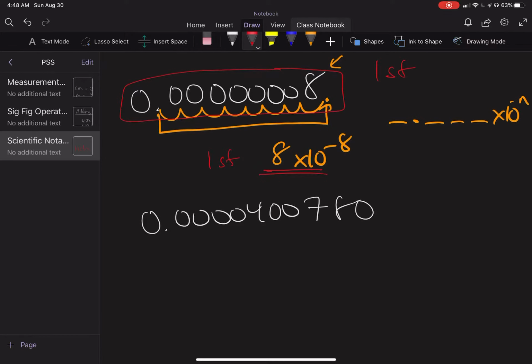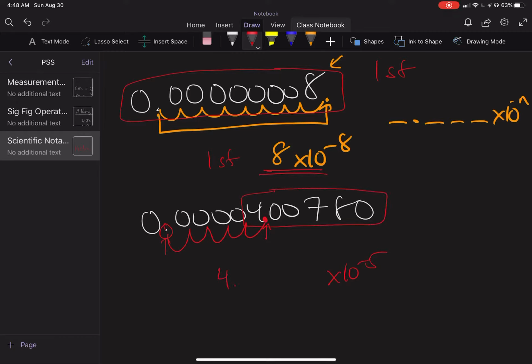Last example. Here's our decimal. We want to move it here because that's after the first non-zero digit. So 1, 2, 3, 4, 5 times. So times 10 to the negative fifth. And then we want to copy down all of this with the decimal now in this spot.